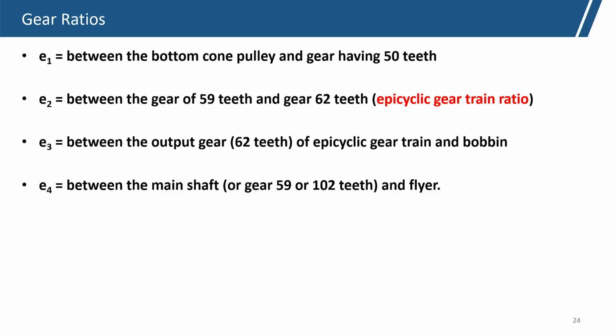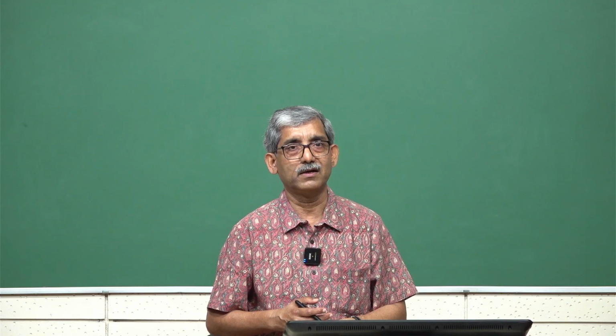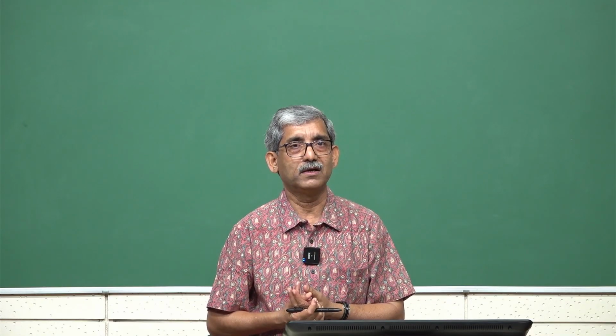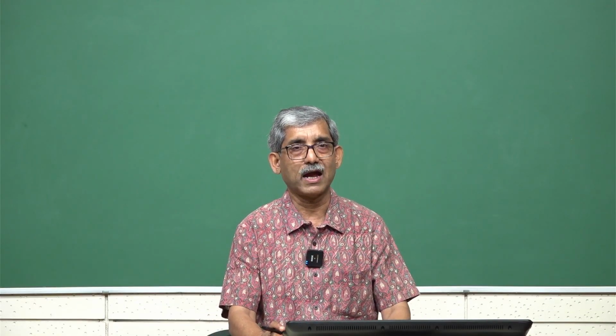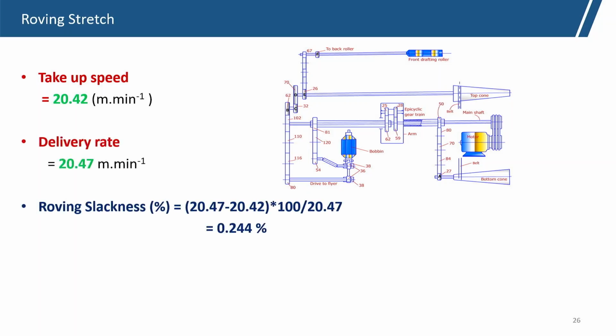So, these are the gear ratios as we have already discussed. From this derivation, what we have learned is that we can calculate the speed of the bobbin using the gearing ratio, that is the epicyclic gear ratio, at any instant. Now, the take up speed is 20.42 and the delivery speed is 20.47.